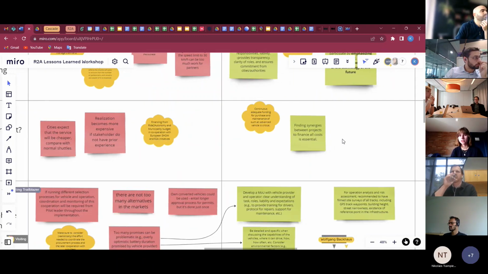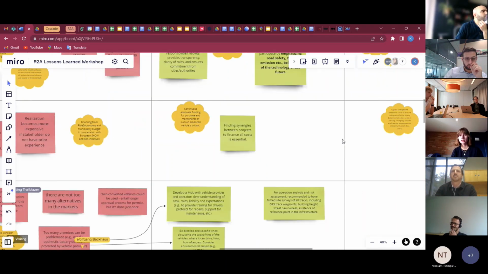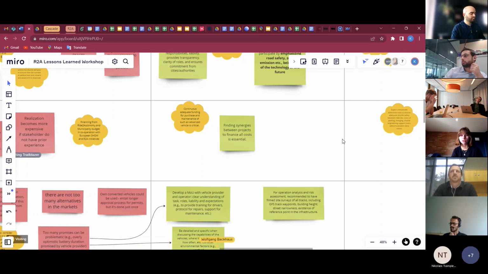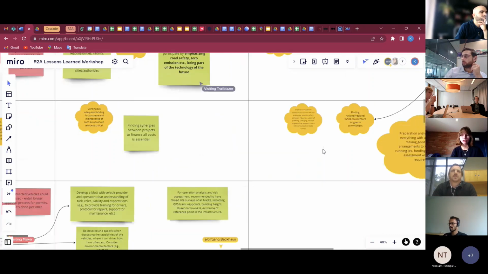Also, continuous funding is essential, especially for maintenance. It's important to find synergies between projects and between the projects' aims and goals, again coming back to municipal or local authorities' goals, in order to look for potential funding options in the future.